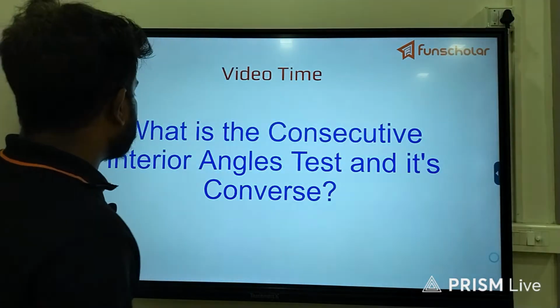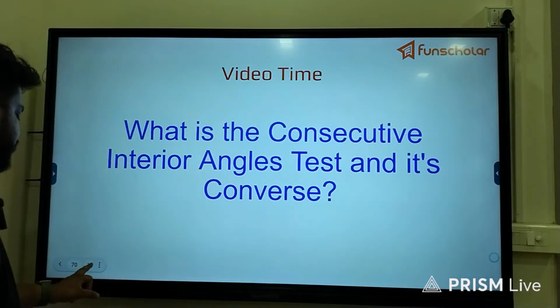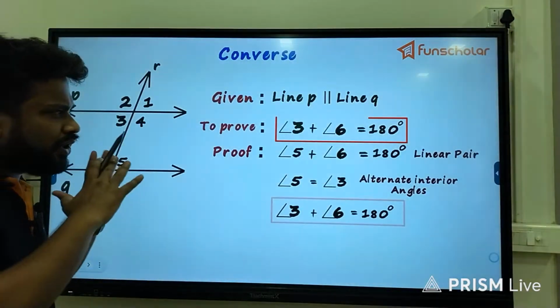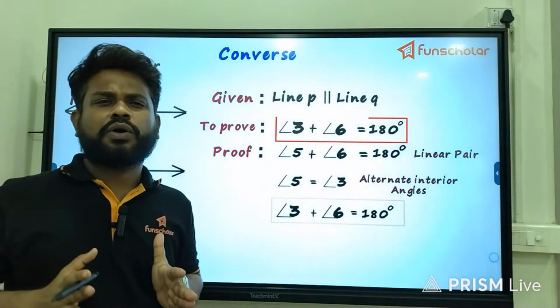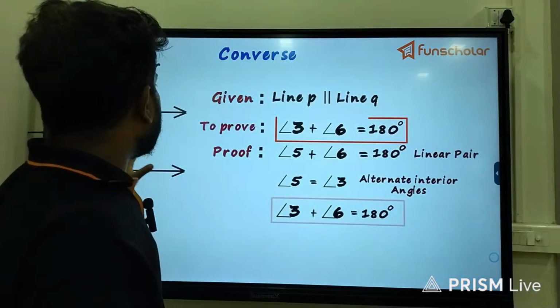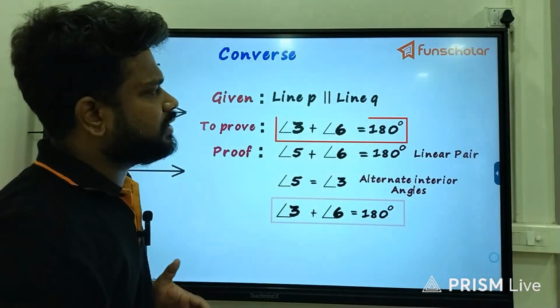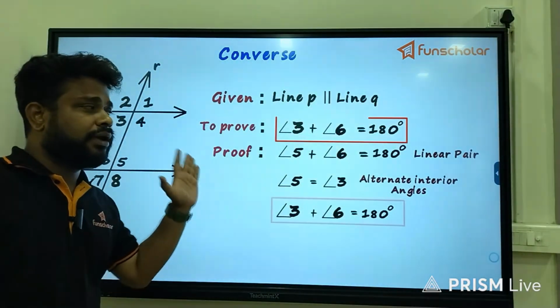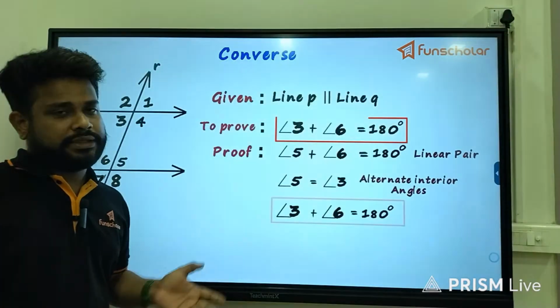Okay, so what is the consecutive interior angles test and its converse? So this will be looking like this, and these all are theorems, or maybe not theorems. You have to remember all of this, because when we will be doing the sums, we will be applying all the formulas from this.